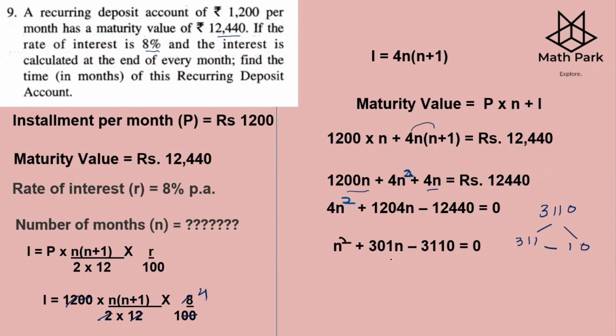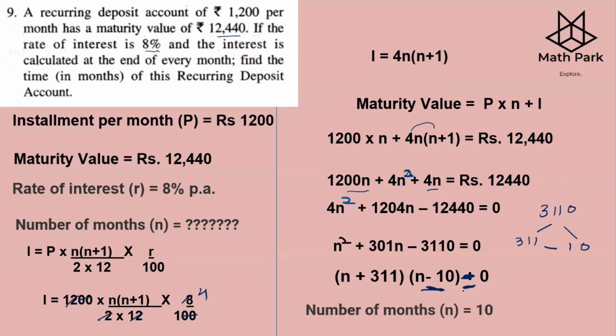So the factors, by splitting the middle term, we get N plus 311 into N minus 10 is equal to 0. If I solve this equation, if N plus 311 is equal to 0, N is equal to minus 311. Number of months cannot be negative. So using N minus 10 is equal to 0, we get N is equal to 10 months.